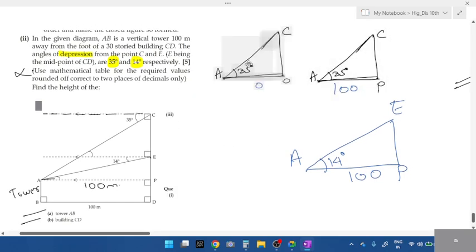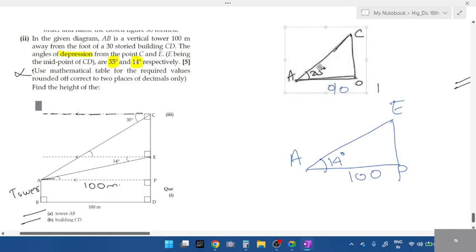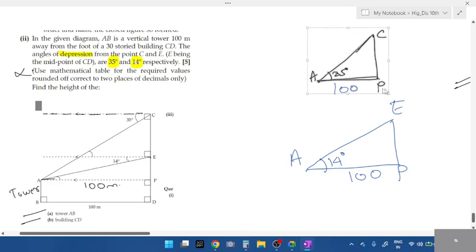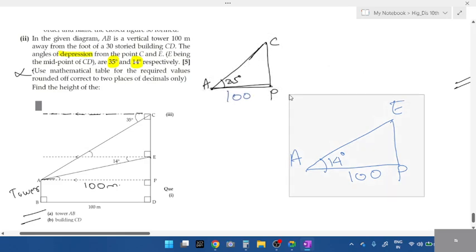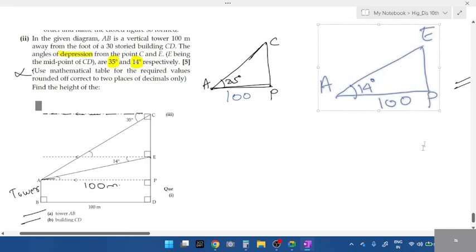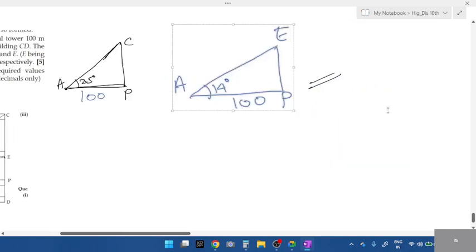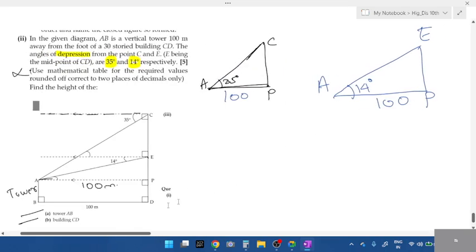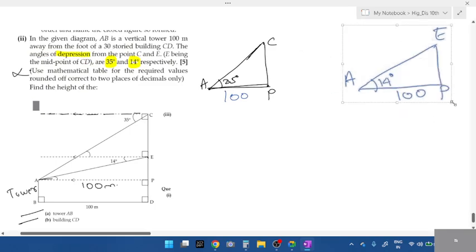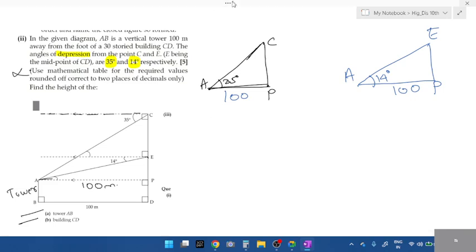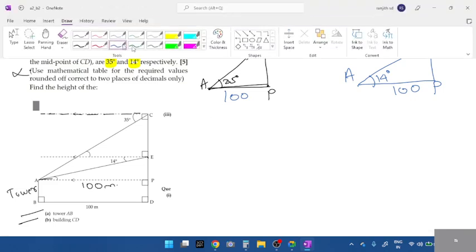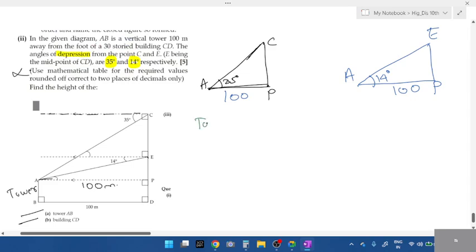First find the value of PC, students, and EP. So whatever question they give, split it into triangles.